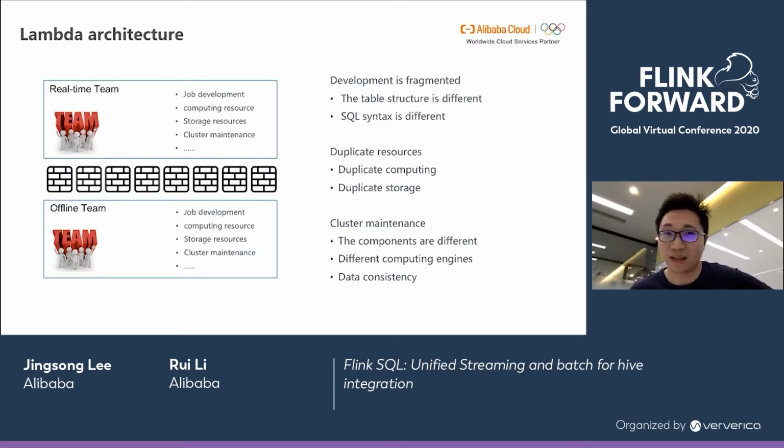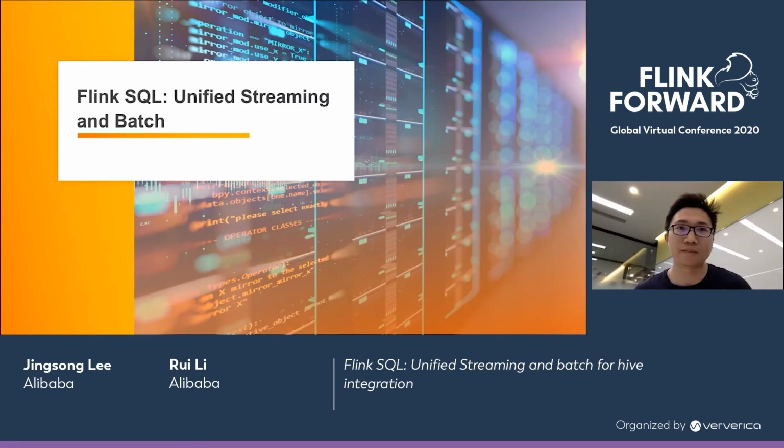The Lambda architecture will seriously waste resources. So we should focus on unifying offline and real-time. Let's move on to the next section of sharing, Flink SQL, unified streaming and batch.